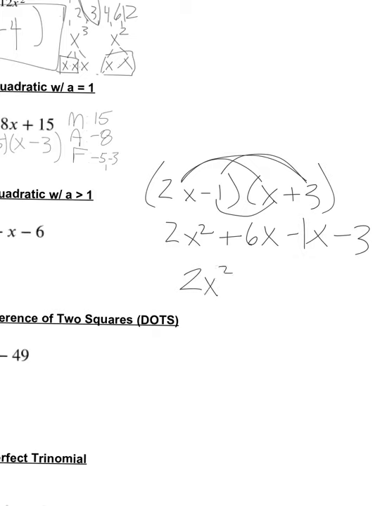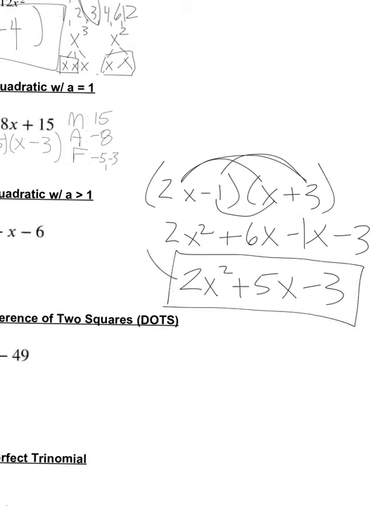Now we get 2x squared plus 5x minus 3. Imagine we're here and we want to get up to here. If we did MAF like we did above, they multiply to be -3 and add to be 5. Well, that's not even possible. There are no two whole number factors of 3 that add to be 5.